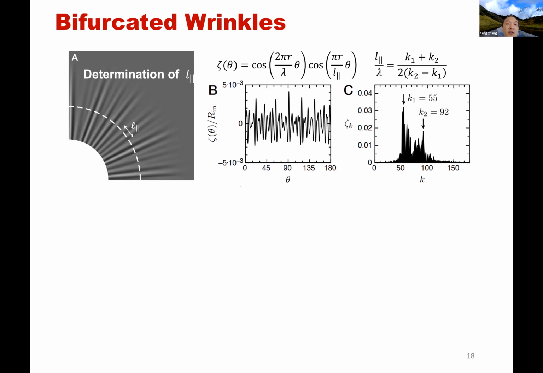We can also see visually that here we have one bifurcation and here we have another bifurcation. Then we can measure the distance between the two bifurcations.